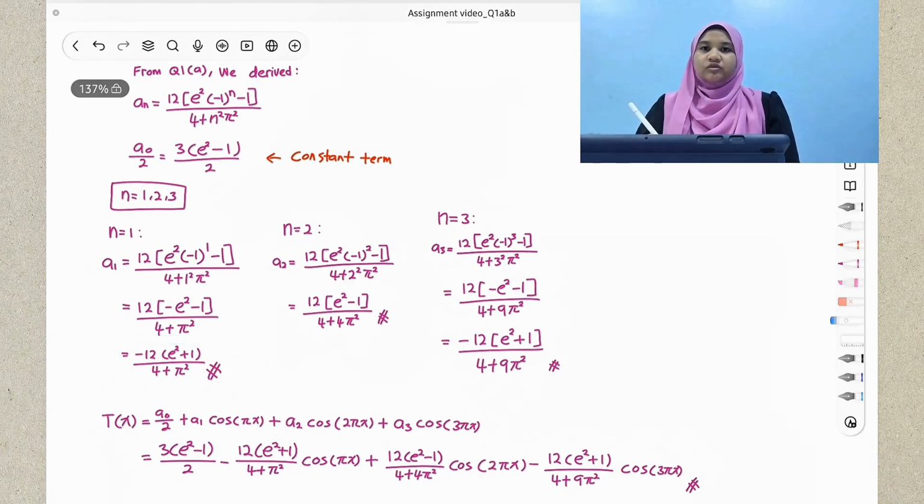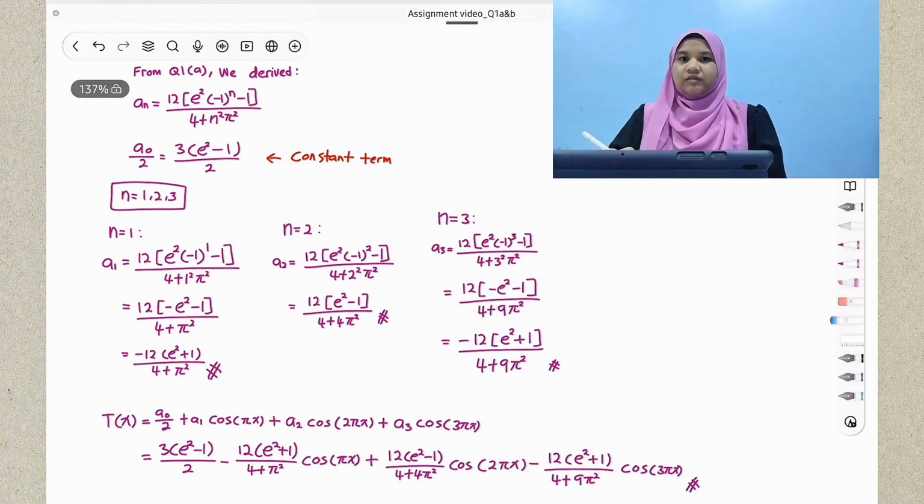For n equal to 2, we get a2 equal 12 times e squared minus 1 over 4 plus 4 pi squared. For n equal 3, we get a3 equal negative 12 times e squared plus 1 over 4 plus 9 pi squared.